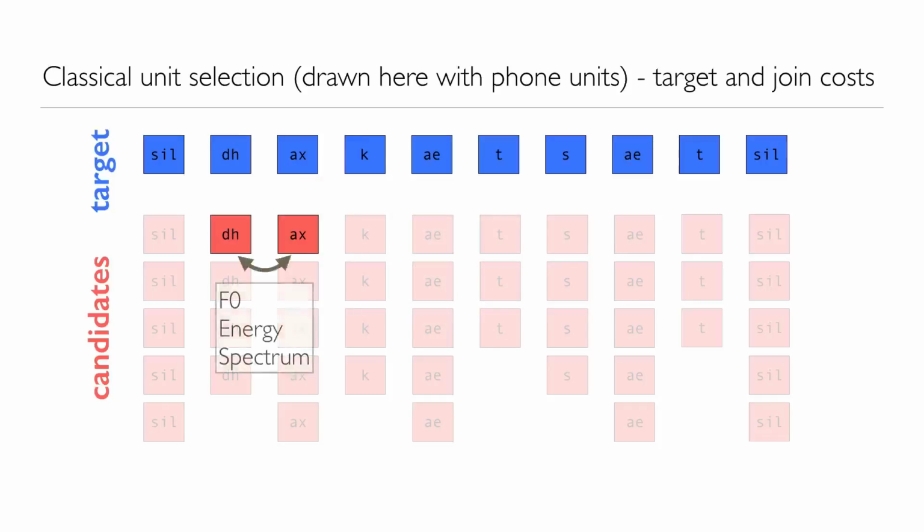The target cost makes sure the synthesized voice has good intelligibility and good prosody. So we also need a join cost. The join cost makes sure the synthesized voice is smooth, with no very obvious glitches. Usually we use energy features and other acoustic features to compute the join cost.